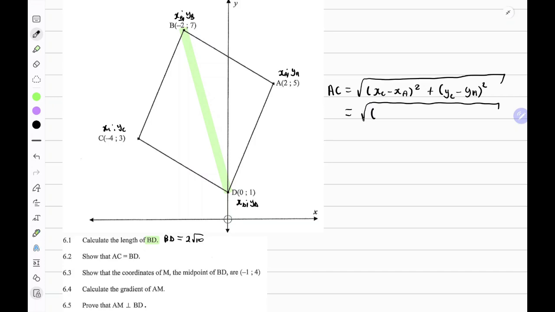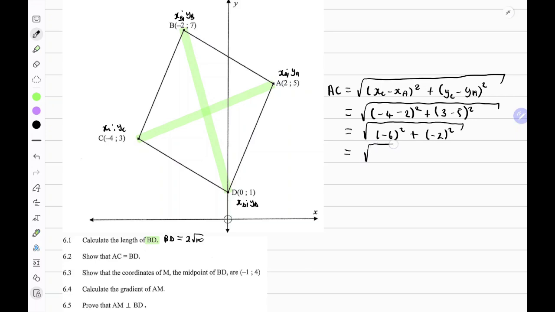So XC in the given case is minus 4 minus XA is 2 the whole squared plus YC is 3 minus YA is 5 the whole squared, and this is equals to the square root of negative 4 minus negative 2, that is minus 6 the whole squared, plus 3 minus 2 is negative 2 the whole squared.